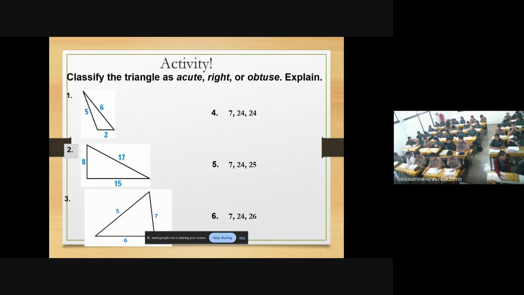Okay, exchange notebooks with your seatmate. Exchange, exchange.